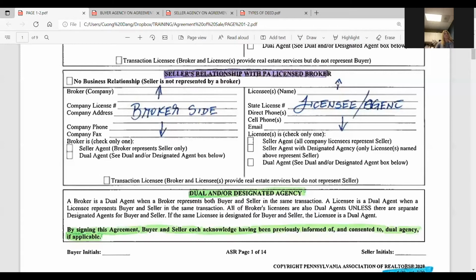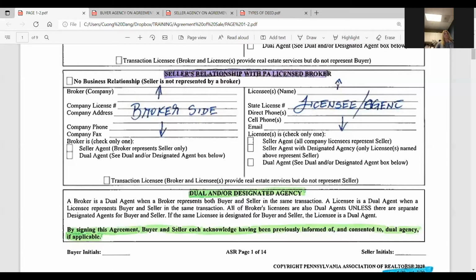A licensee, the agent, is a dual agent when a licensee represents buyer and seller in the same transaction. All of brokers' licensees are also dual agents unless there are separate designated agents for buyer and seller. If the same licensee is designated for buyer and seller, the licensee is a dual agent.